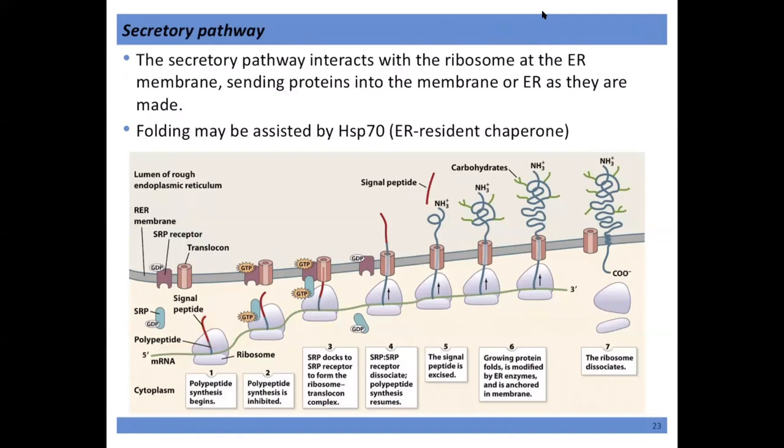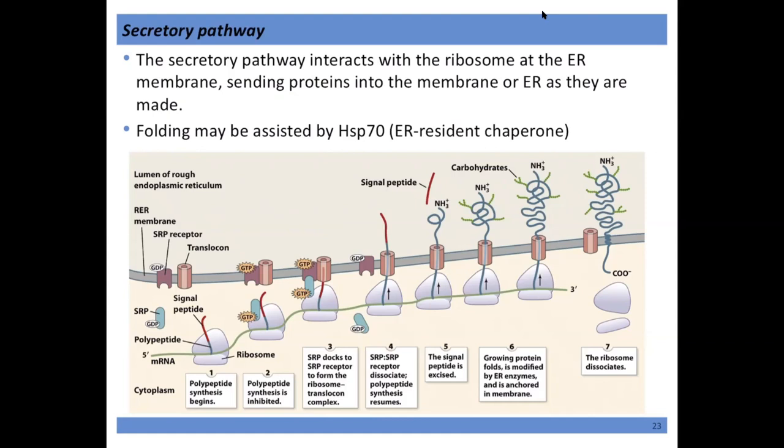And so what happens is you get the SRP, which is the signal recognition particle, and it will bind GTP, which is similar to ATP, but you're using guanine instead of adenosine. And it will bind to that signal peptide as well as the ribosome.